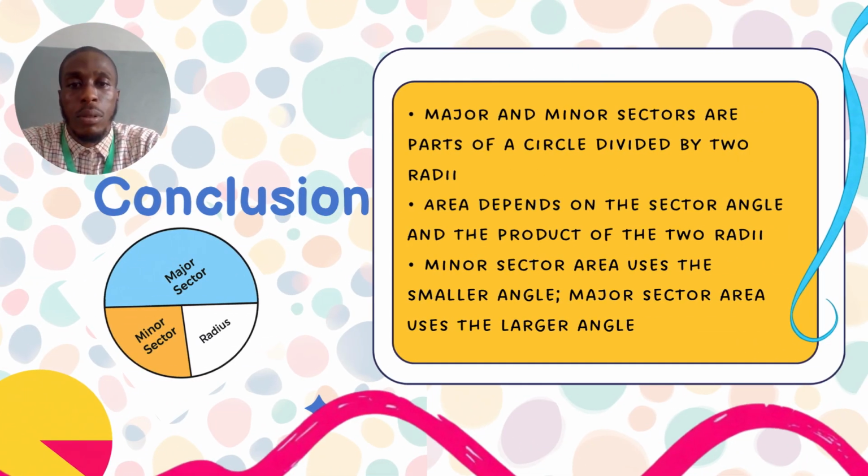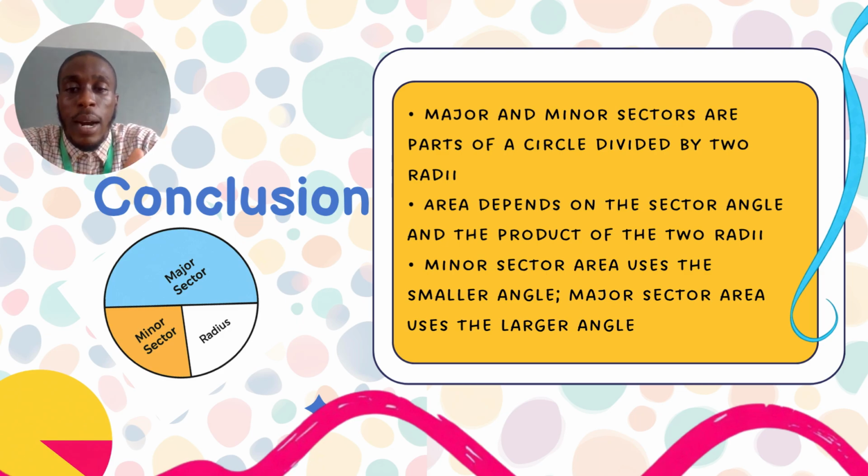In conclusion, we started by defining the term sector, and we also talked about the major and minor sectors, which are parts of a circle divided by two radii. We discussed the formula for the area of a sector, which is theta divided by 360 times pi, which I told you is 22 over 7, times r, the radius of the circle, times r again.